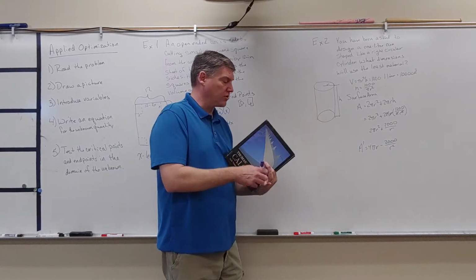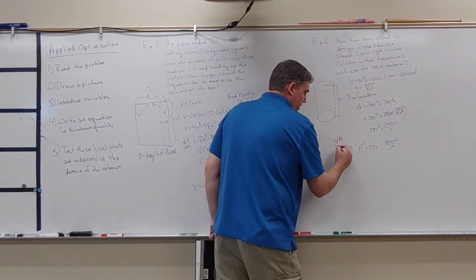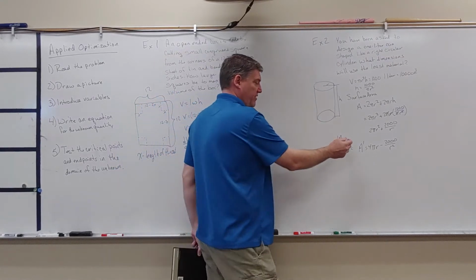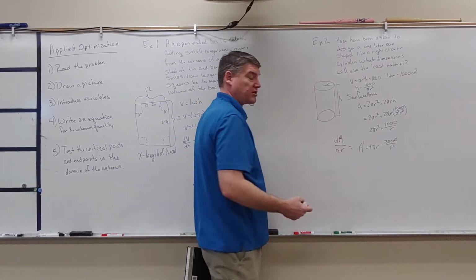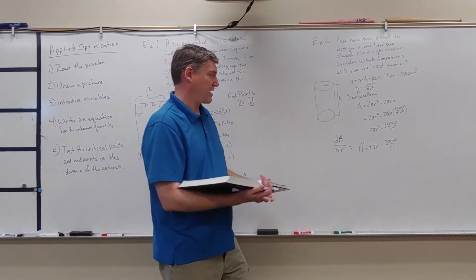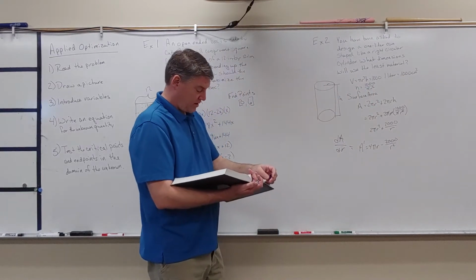So I could write this as dA dr. I'm taking the derivative of my area with regards to my radius. If I can find my radius, I can always find my height, because my height is based off my radius.